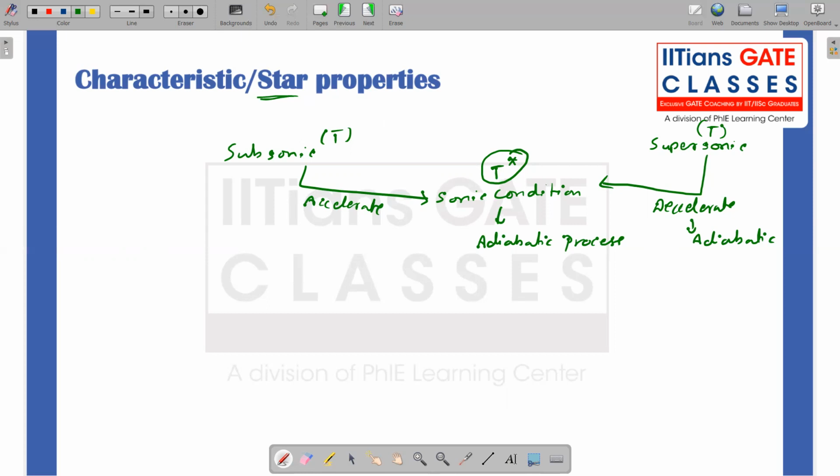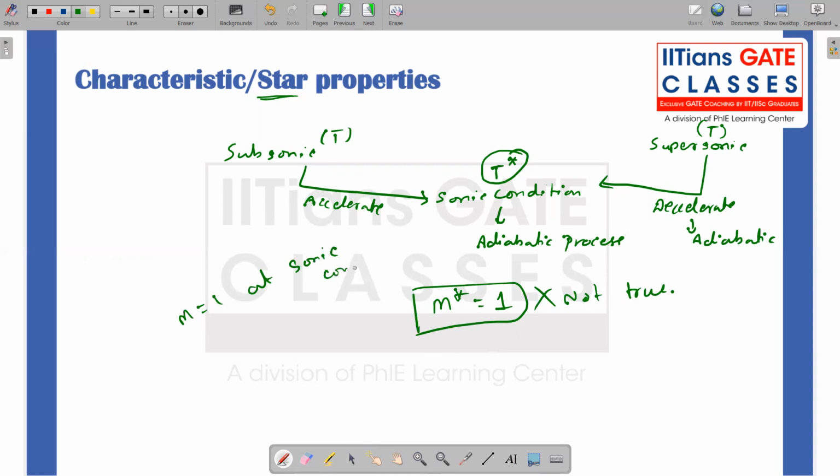Okay, and most of the time people have a confusion, people make a mistake that they think M star is equal to 1. This is not true. M is equal to 1 at a sonic condition. That doesn't mean my characteristic Mach number is 1.